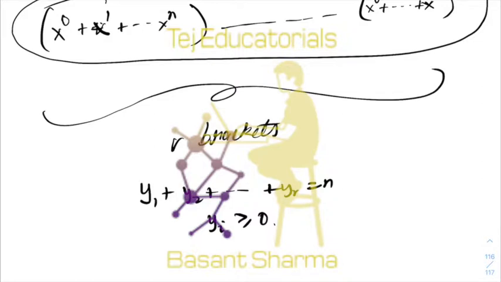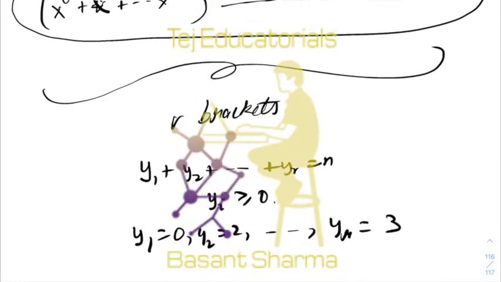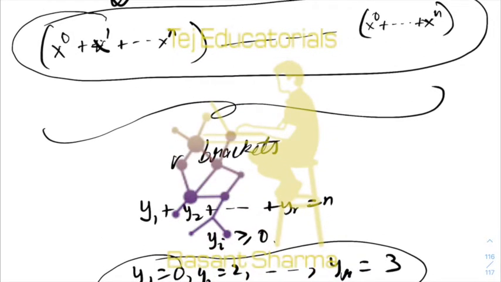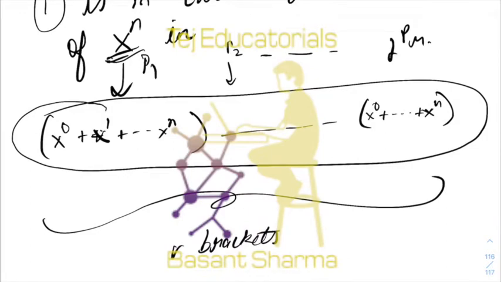So if you take, let's say, y1 equal to 0, y2 equal to 2, and so on till yr equal to, let's say, something like 3, then corresponding to this solution, what we are trying to do is establish a one-to-one correspondence between the non-negative integral solutions of this equation and the ways of forming x to the power n, right?